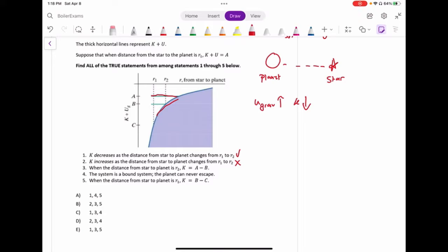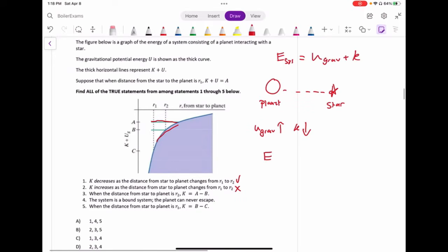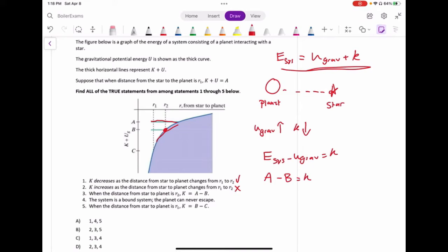According to our equation up here, energy of the system minus U grav, that's how we would get K. The total energy of the system is at A, minus at that point U grav is B, so that would be K, which is exactly what they say there. So 1's good, 2 no good, 3 good.